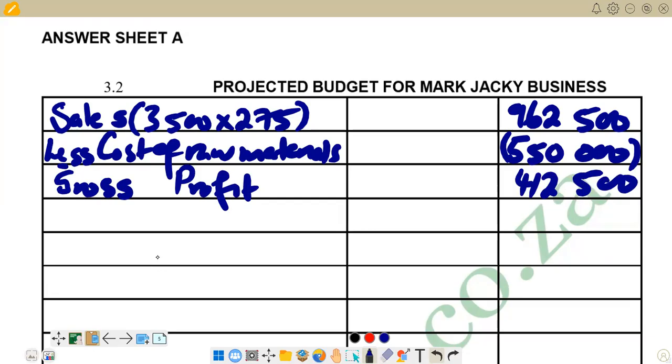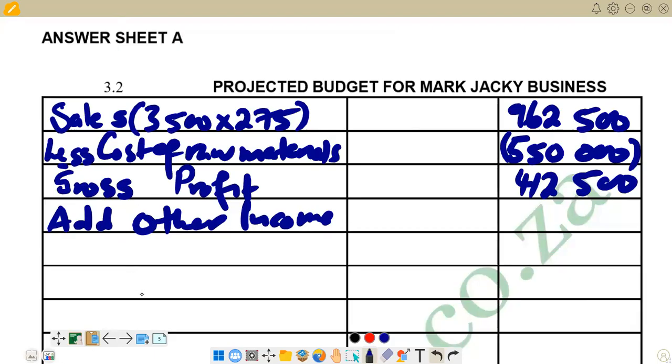And then beneath that, we go to the section of add other income. We have to look for other income that we are given in the question. What is going to happen here is that we are going to list the other incomes beneath here.